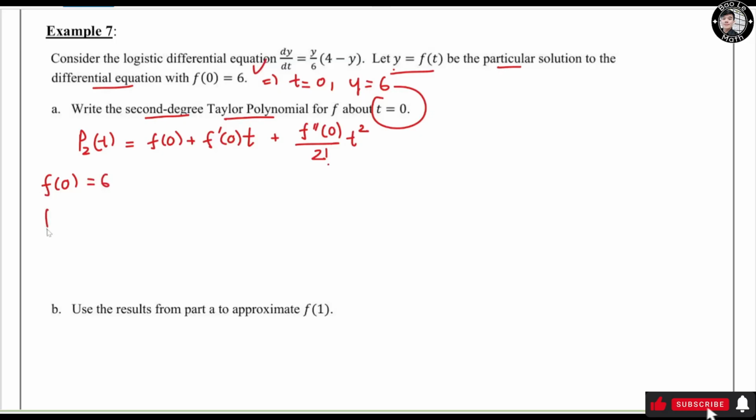Now f prime of 0 is this guy right here, dy over dt when t equals 0 and y equals 6. So substitute over here, you have 6 divided by 6, which is 1, and 4 minus 6, which is negative 2.